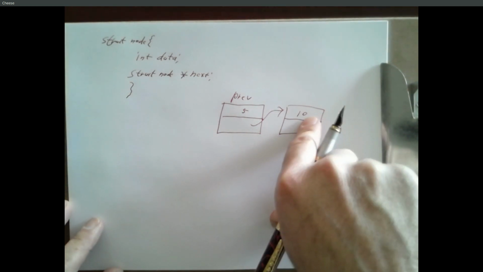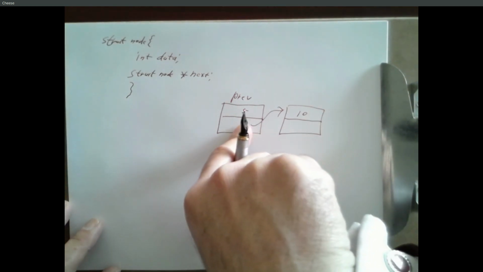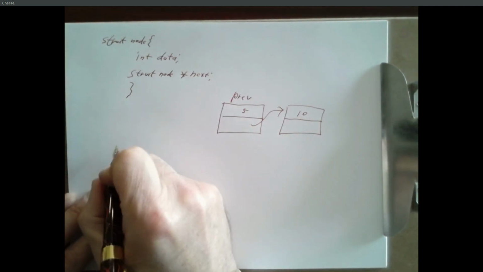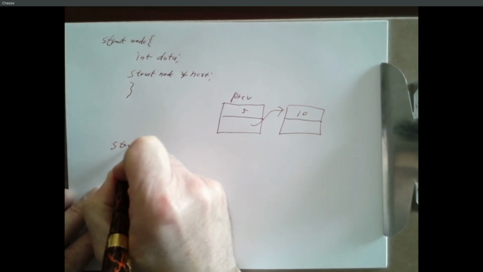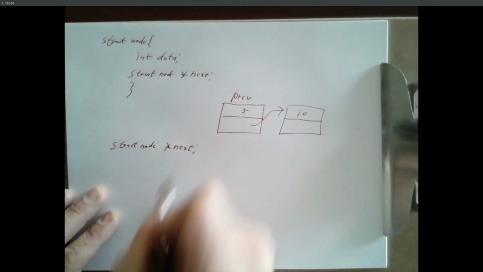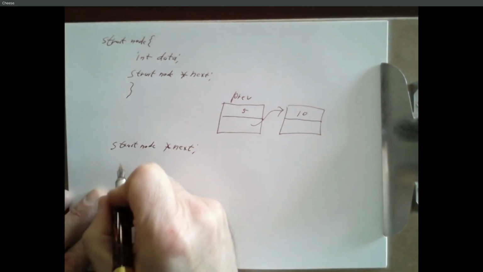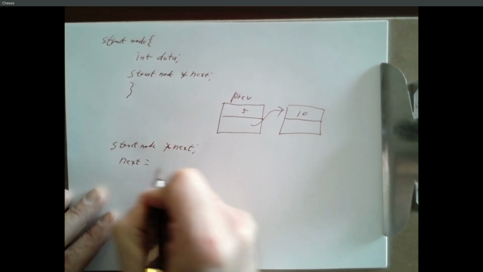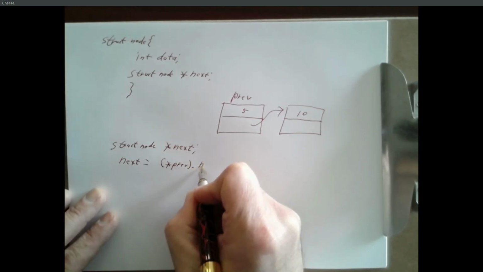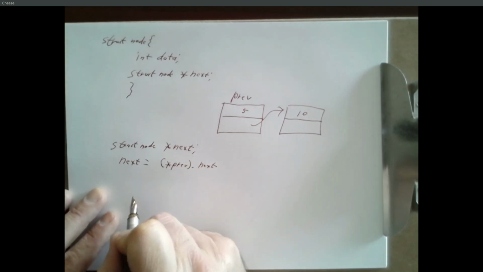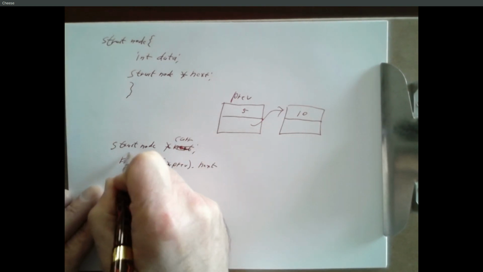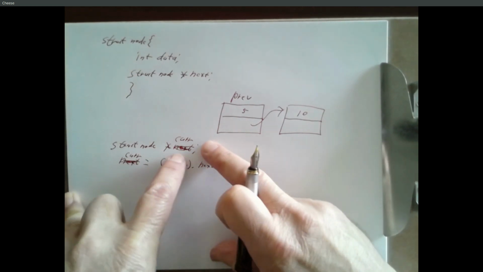Suppose we wanted to find out what the data value is of the node that comes after previous. So we could do something like this. Struct node star current. Current's a pointer to a struct node.